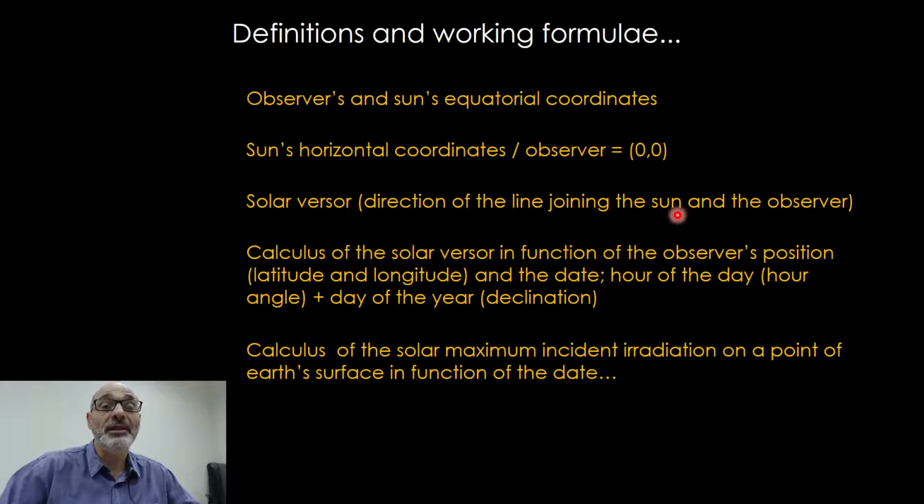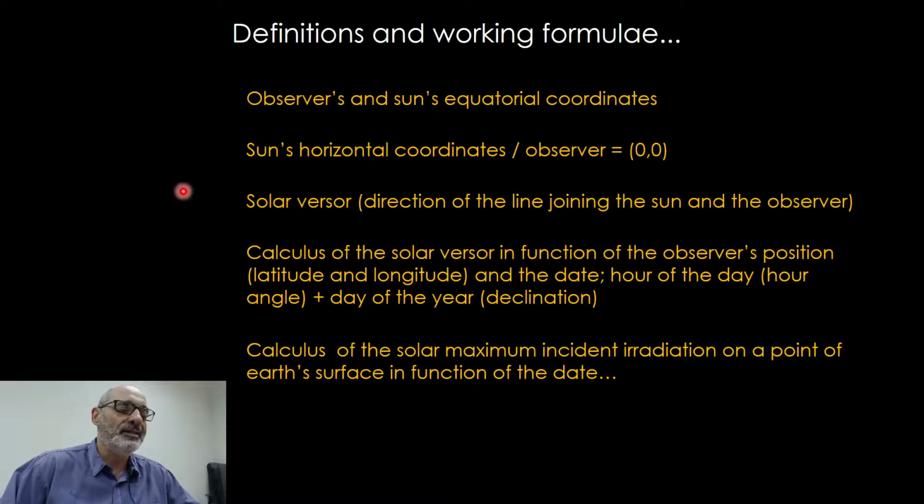So with this information, we can perform that integral that I showed you in the beginning of this part of the class. We're going to calculate in function of the observer position, in terms of latitude and longitude, and of the date, hour of the day and day of the year. And then we're going to calculate the amount of energy that arrives at our power plant.